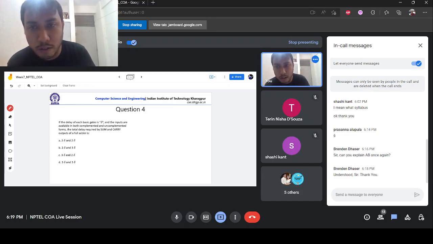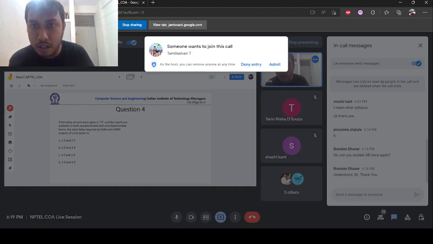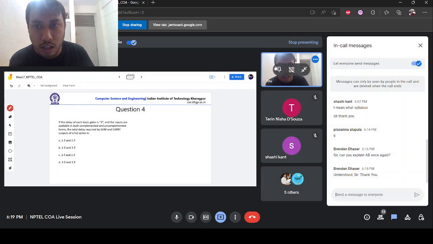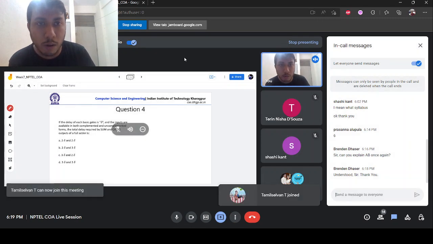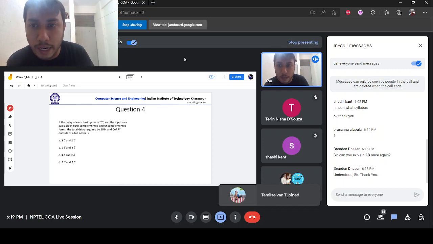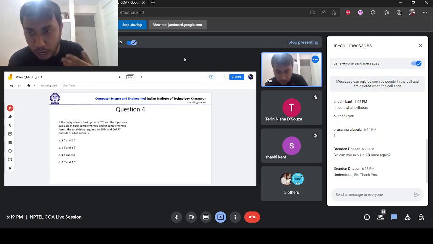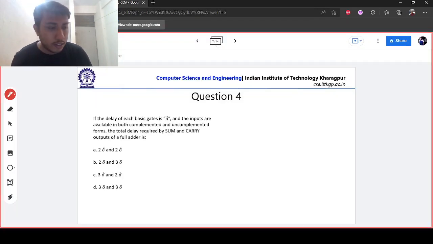First you need to represent what the sum and carry represent, and then check which operations can be done in parallel, since it is given that both complemented and uncomplemented values are available at the same time. Then it will be easily solved. So let's start one by one.